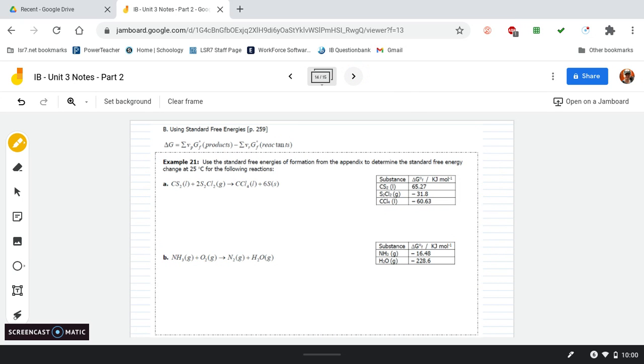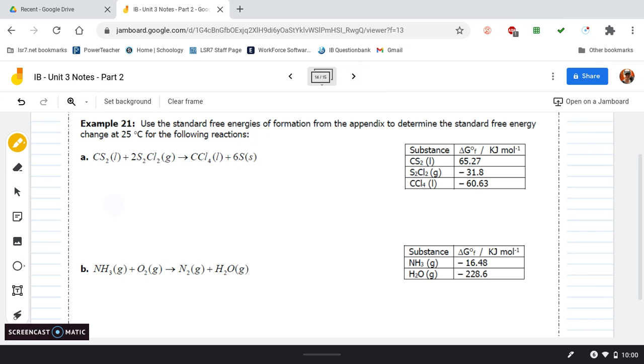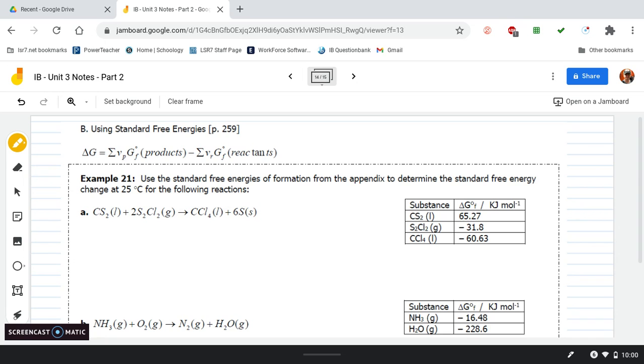Let me show you this. This is also fairly straightforward, where you've got delta G values, but now look, we're solving them with products minus reactants.